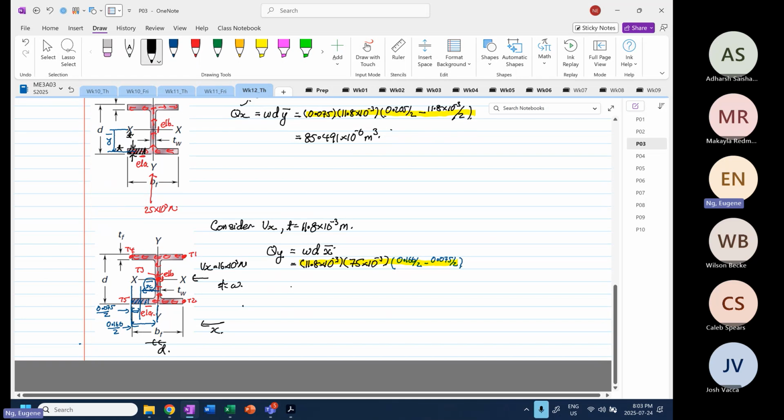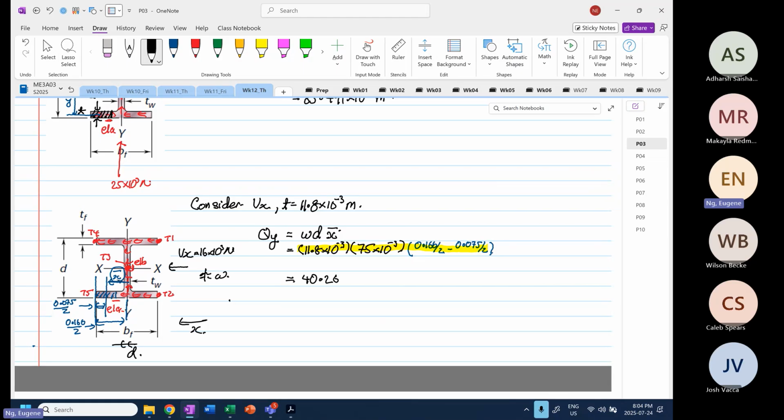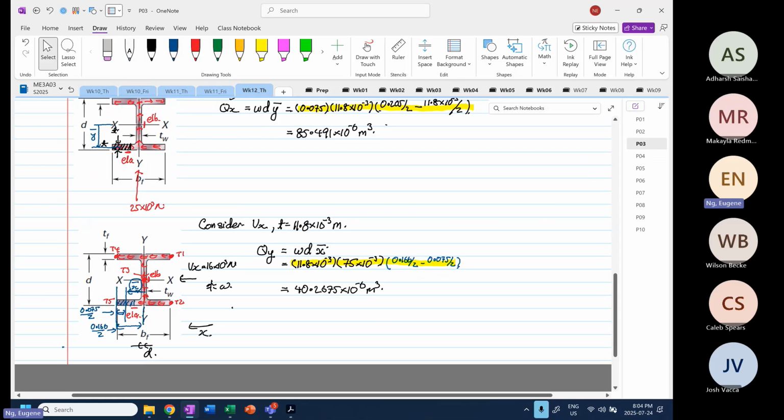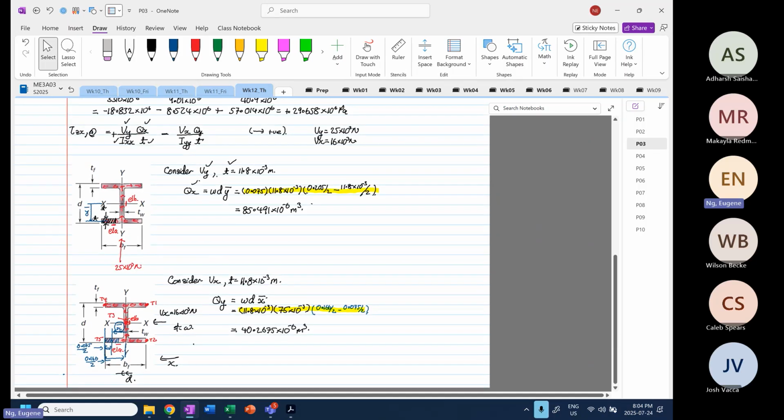So this will be equal to 0.166 divided by 2 minus 0.075 divided by 2, times 75 times 10 to the power minus 3 times 11.8 times 10 to the power minus 3, which is equal to 40.2675 times 10 to the power minus 6 meter cube. Let me do it again. 0.166 divided by 2 minus 0.075 divided by 2 times 75 times 10 to the power minus 3 times 11.8 times 10 to the power minus 3. Yep, 40.2675. Okay, so now we have everything.